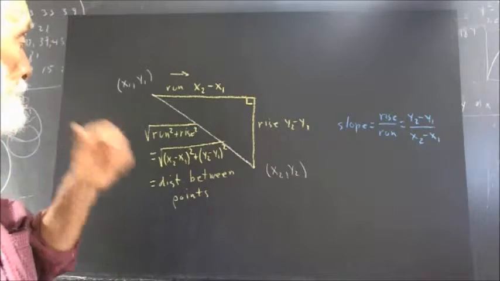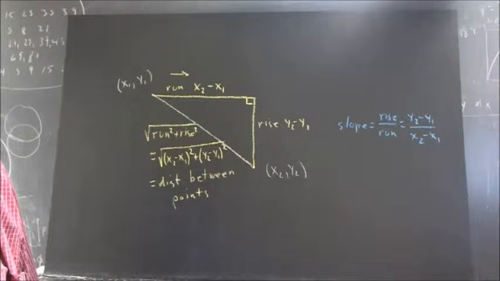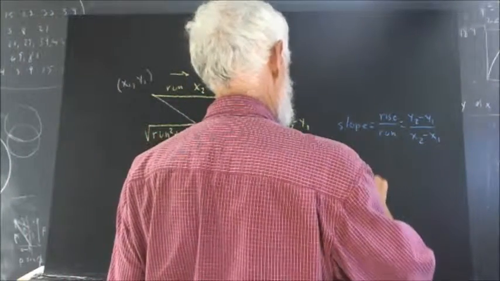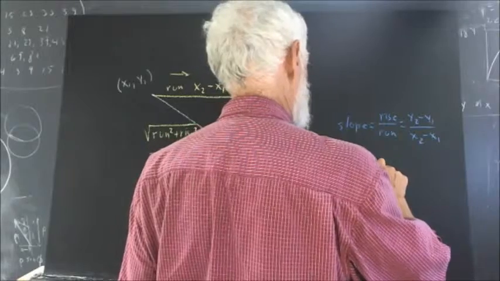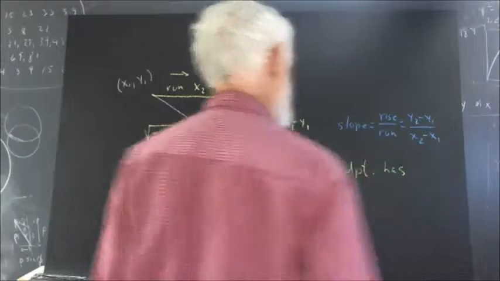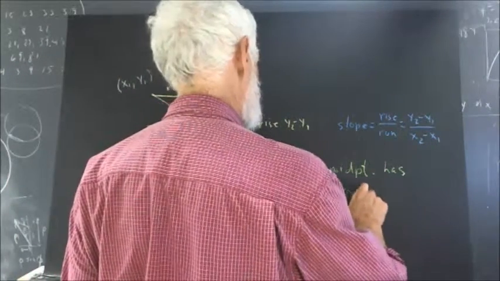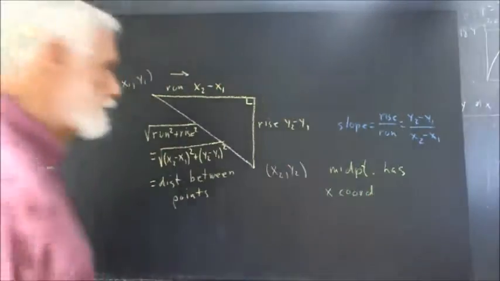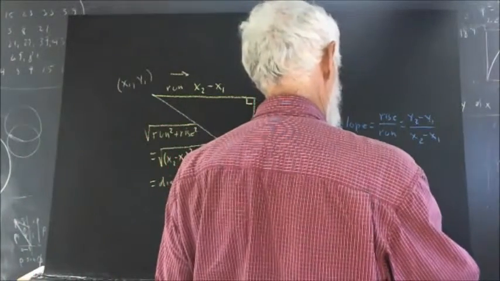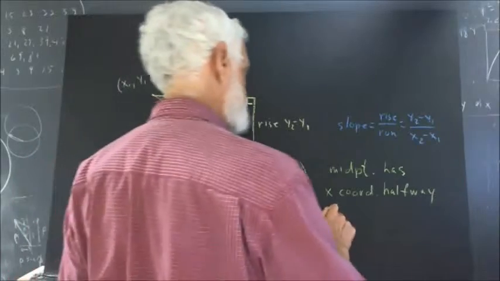Okay. Now, the other thing is the midpoint, and that one is, I think, really pretty easy to understand. The midpoint has x coordinate halfway between x1 and x2. What's halfway between x1 and x2? Think about that.